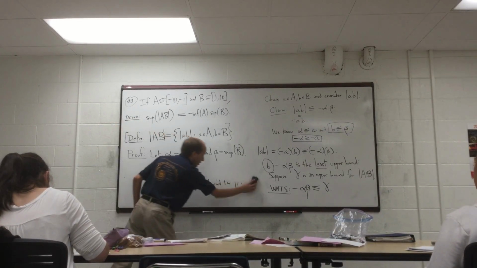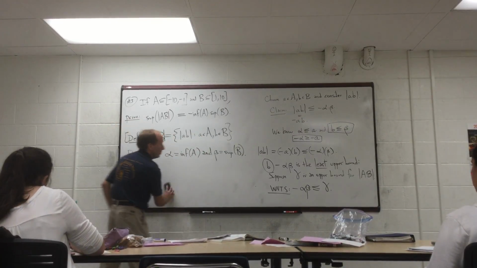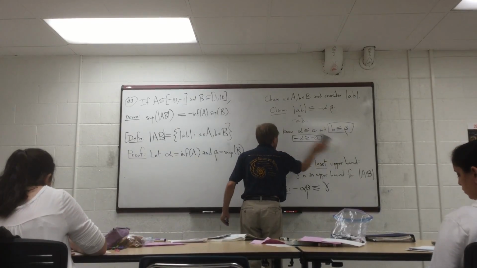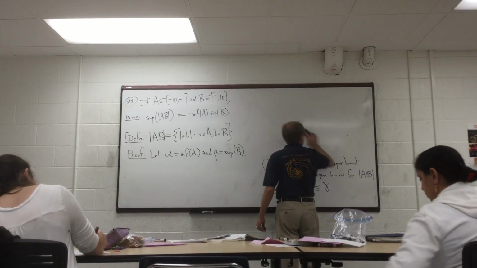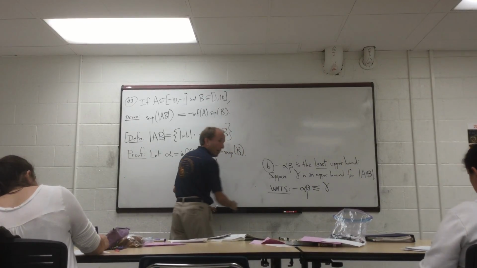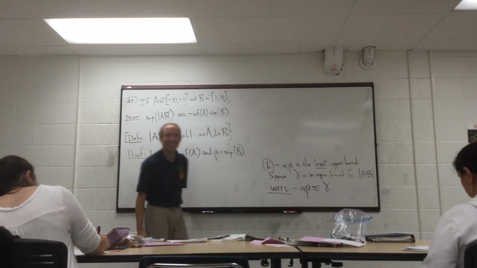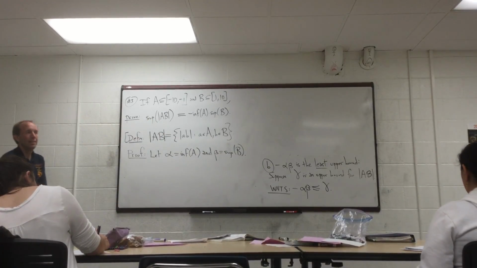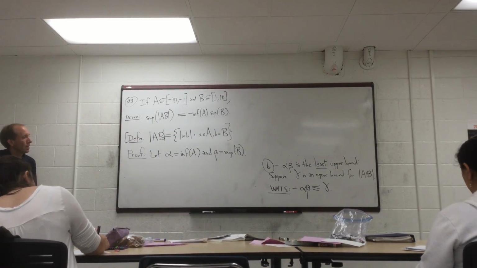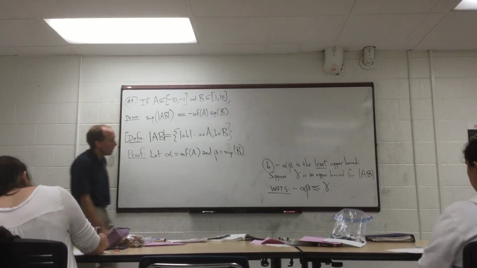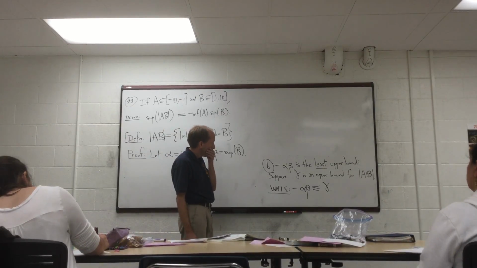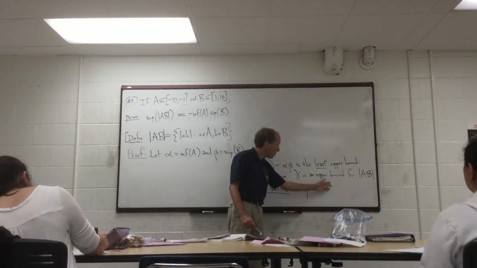Okay, I'm going to come back over here and erase this part, so we'll have enough room here. Any suggestions how to get this thing to work? We could use a proof by contradiction. We could say suppose that this one's greater than that one.